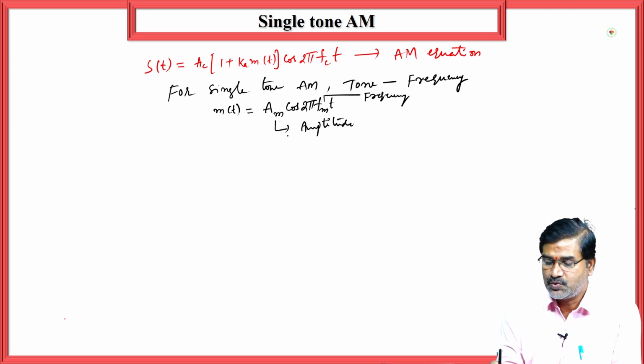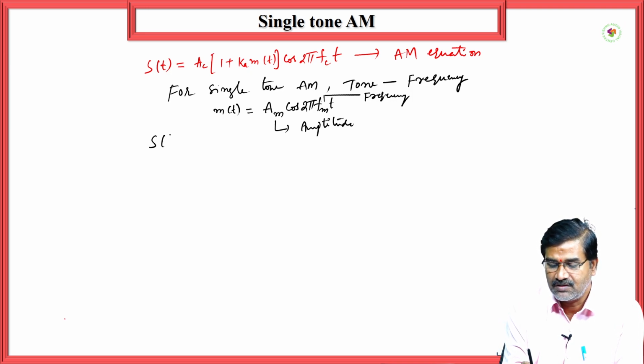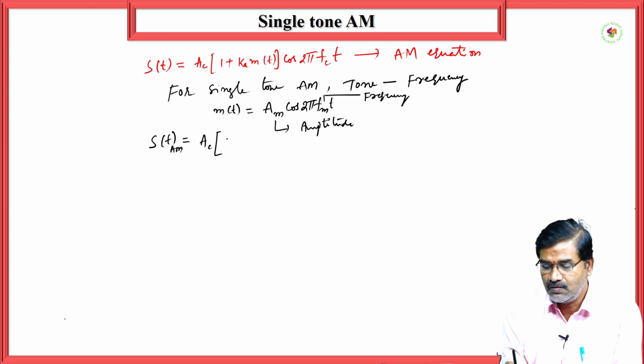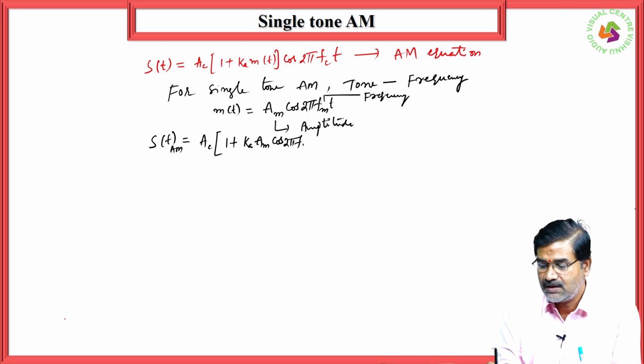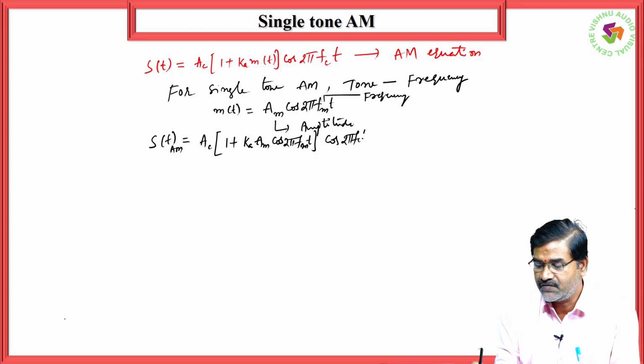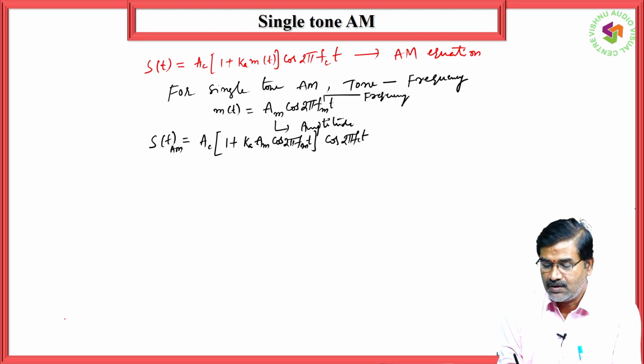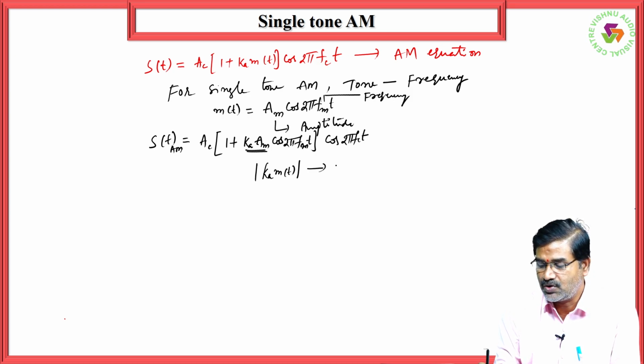If I substitute this m of t in the above equation, the modulated signal s of t can be written as Ac into 1 plus Ka Am cos 2 pi fm t into cos 2 pi fc t. Now, the absolute maximum value of Ka m of t is known as the modulation index.